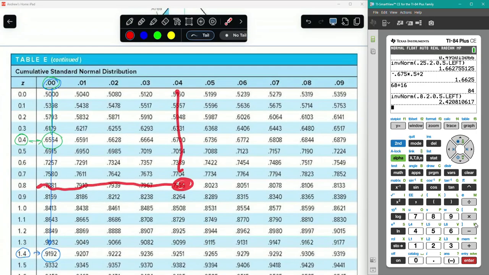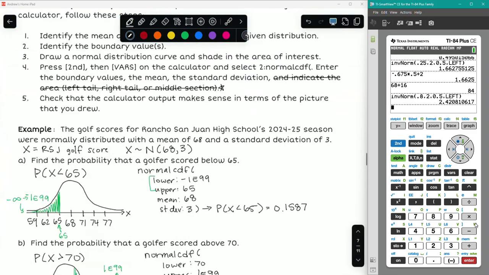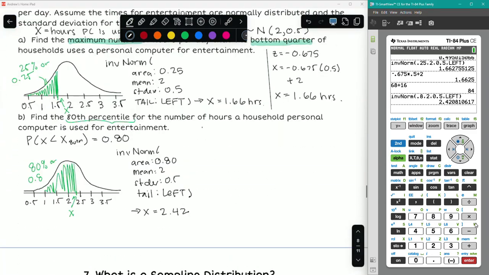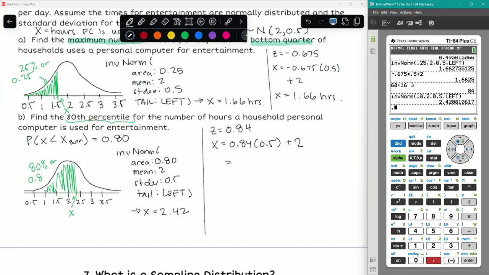So z-score of 0.84. So z equals 0.84. We know that our x value is our z-score, 0.84, times our standard deviation, 0.5, plus our mean. So that gives us 0.84 times 0.5 plus 2, which is exactly what we got from that table, 2.42.